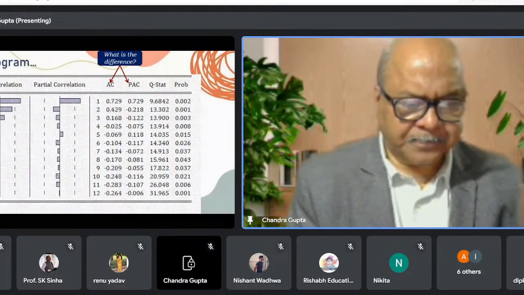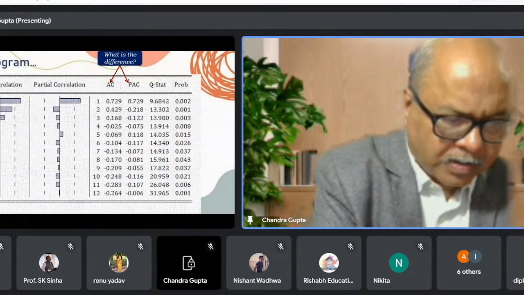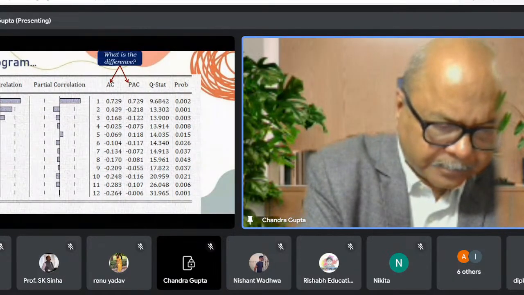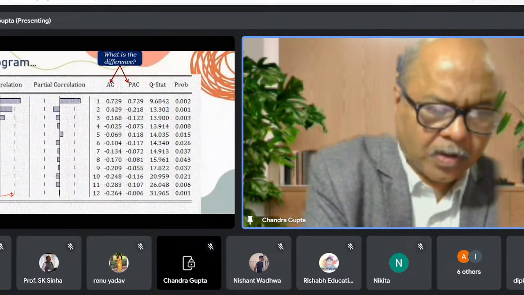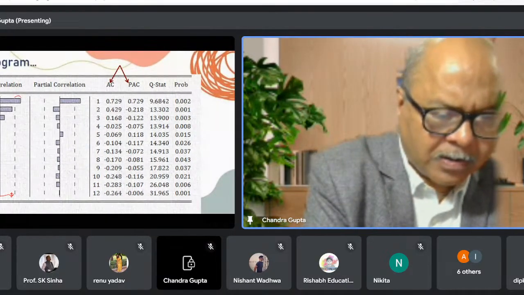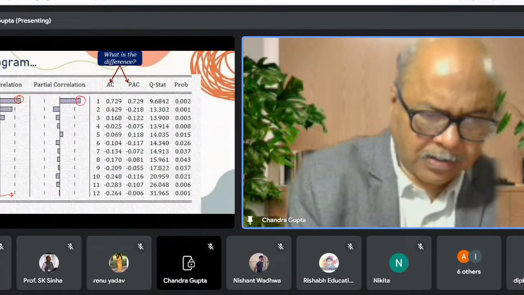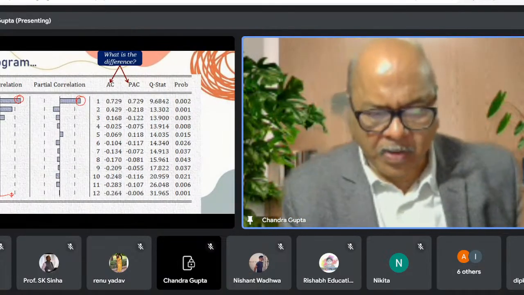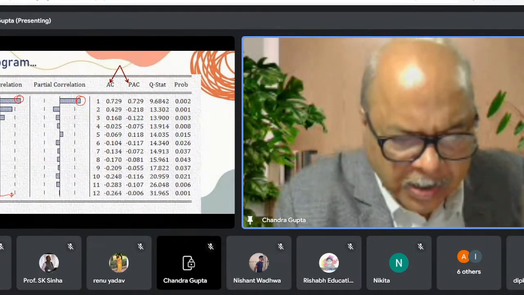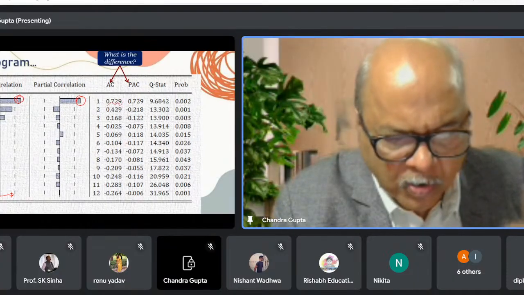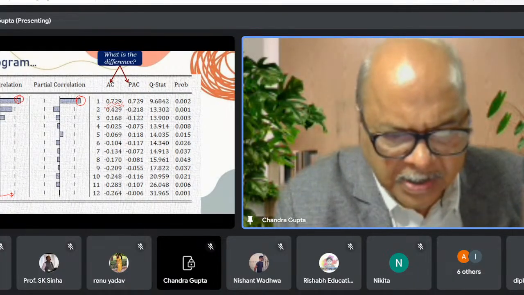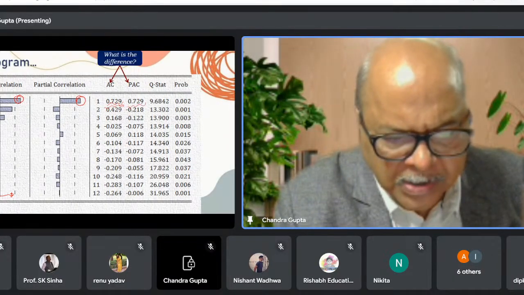Like here, these are the limits. Outside limit is 1, 1, and that is the autocorrelation. AC is the autocorrelation. PAC is the partial autocorrelation.